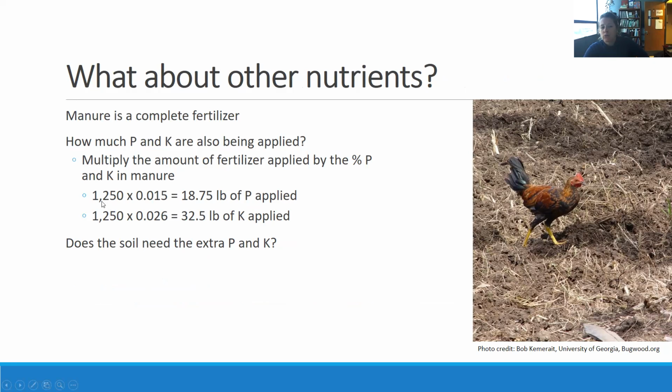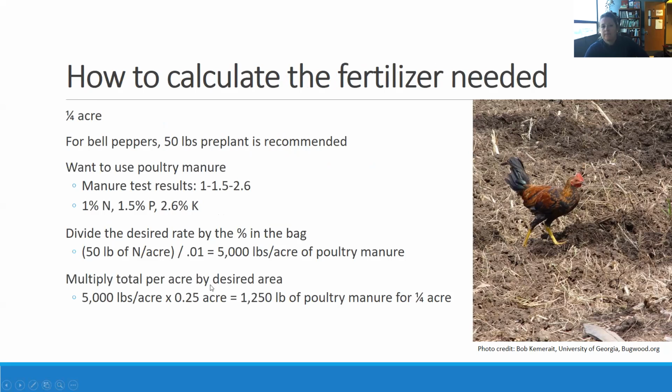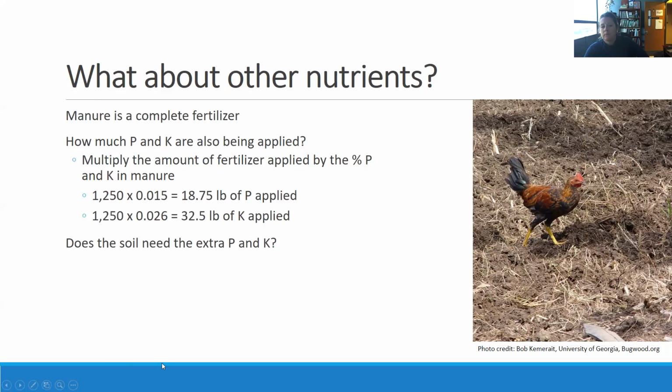If you applied 1,250 pounds, I'm multiplying by the content of this manure, you're also applying almost 20 pounds of phosphorus and over 30 pounds of potassium. And based off your soil test, is that something you really need, right?